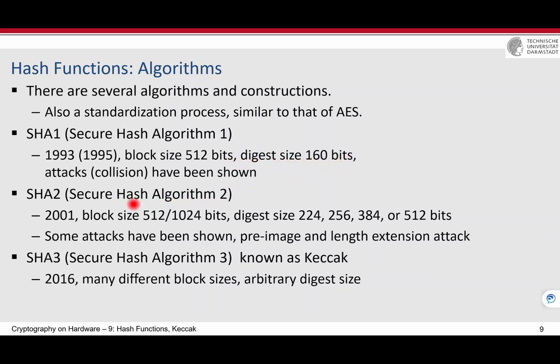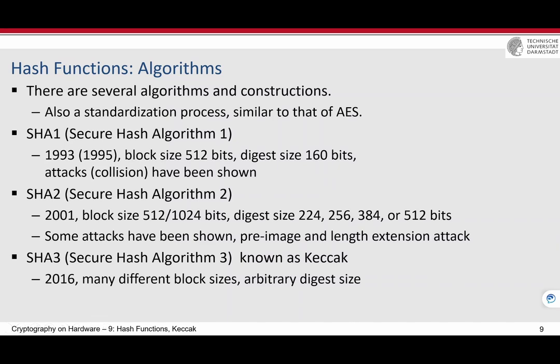Then it was shown that there are some attacks, for example collision attacks, possible on SHA-1. SHA-2 was introduced in 2001 with block sizes of 512 and 1024 bits and different sizes for the digest. Some attacks have also been shown, particularly pre-image and length extension attacks.